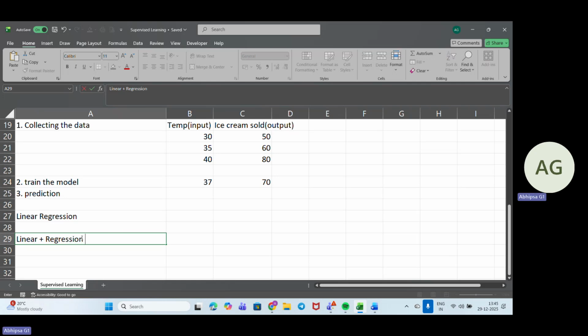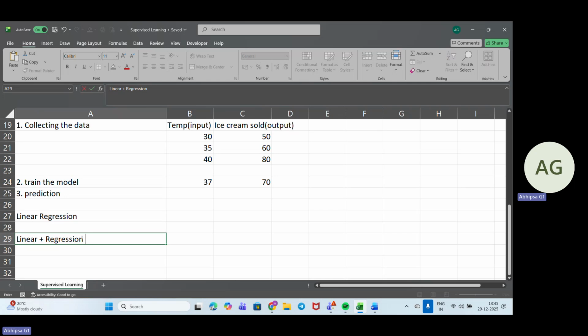As I mentioned, regression is guessing a number. And what does linear mean? Linear means a straight line. So linear regression is guessing numbers using a straight line, right?